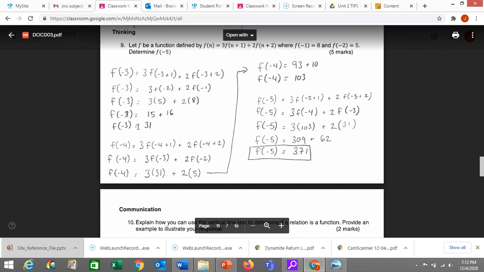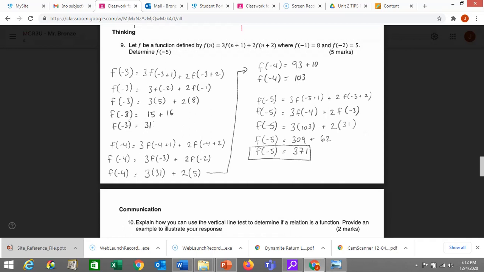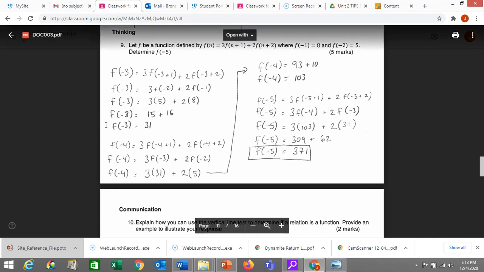So now, just like I have f at negative 1 equals 8 and f at negative 2 equals 5, I now have something for f at negative 3. I can use f at negative 2 and f at negative 1 to find f at negative 3, and I can use f at negative 2 and f at negative 3 to find f at negative 4. Then we just go one more step and find f at negative 5.